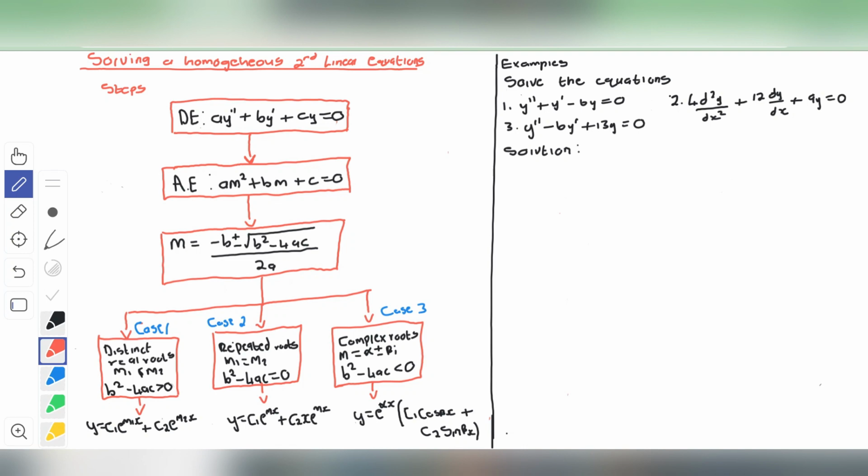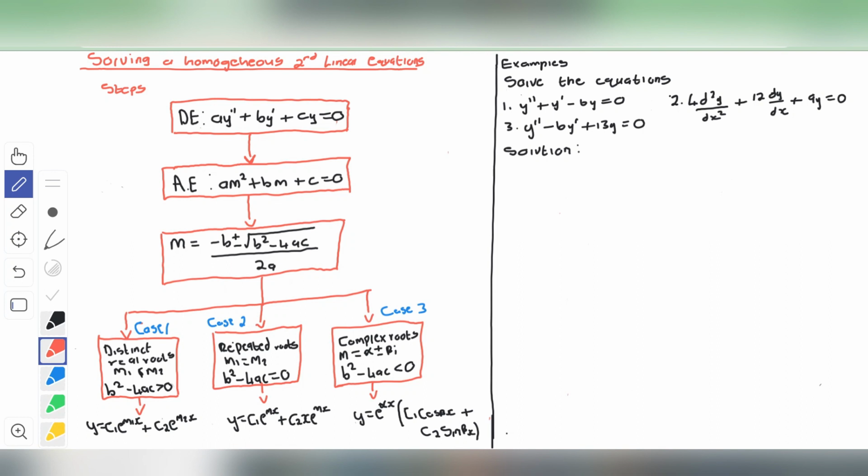So whenever we have repeated roots, let's say you have calculated your m values and found that they are the same or equal, this is the formula that you're going to use, which is case 2.